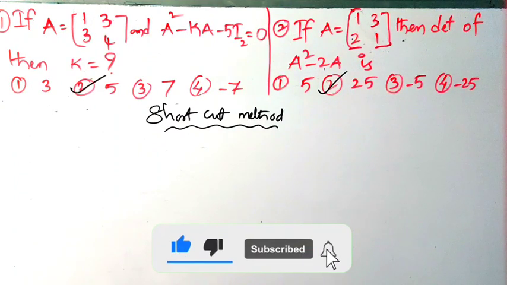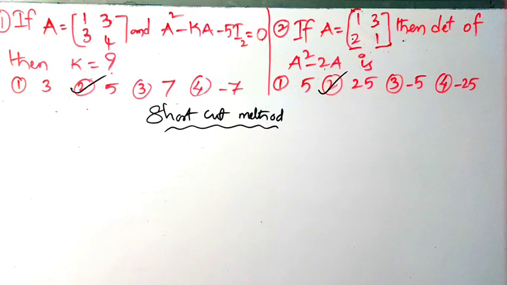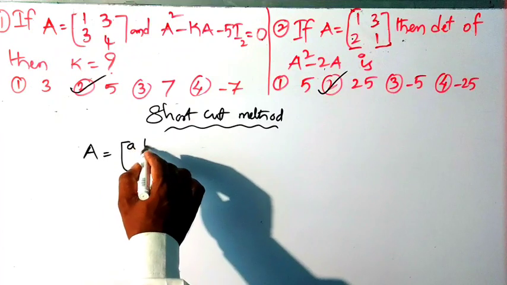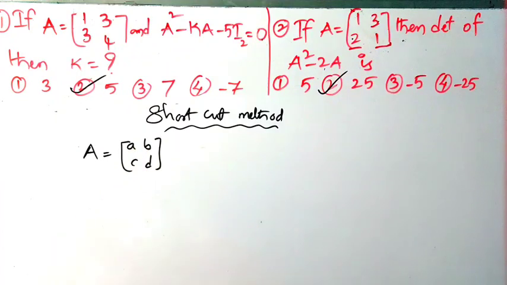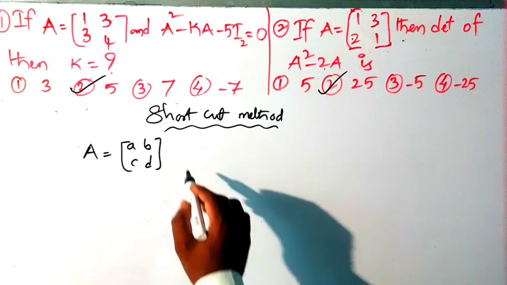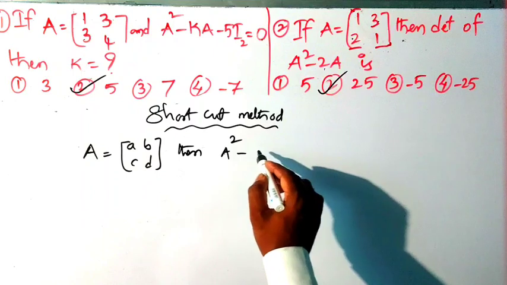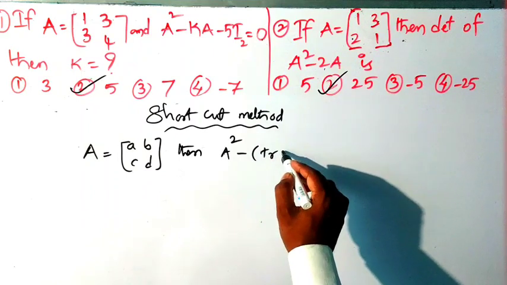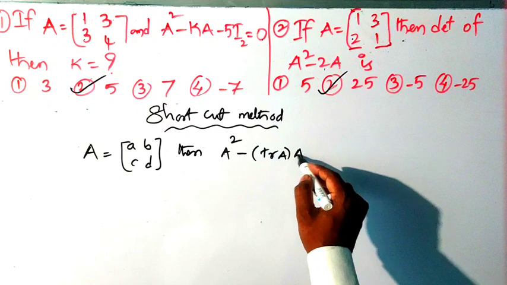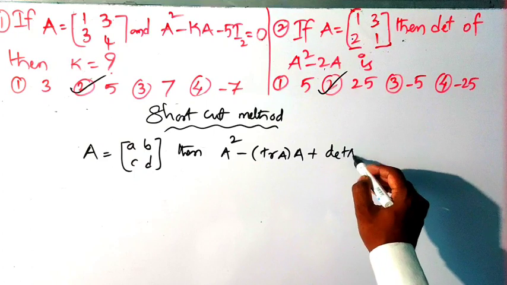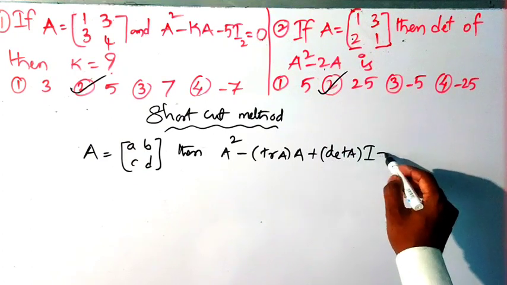For any square matrix of order 2, like this here, a b c d, then A square minus trace of A into A plus det A into I equals 0.